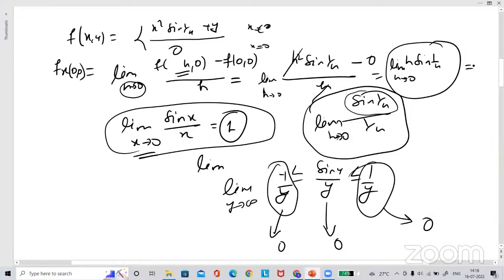So as here you find 0, so final thing is partial derivative with respect to x at 0 you got 0.